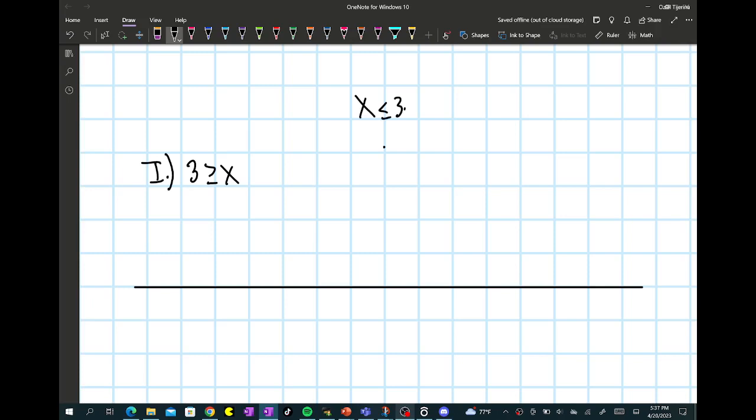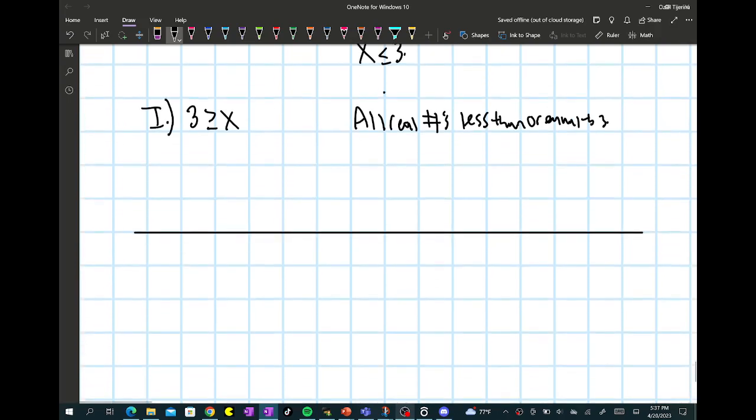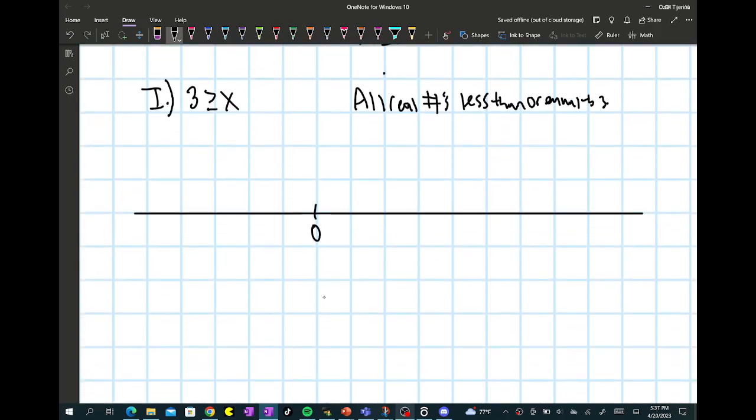So then I want all real numbers x such that all real numbers less than or equal to 3. Okay, so then this is 0, 1, 2, 3, 4, 5, 6, 7, 8, 9, and so on and so forth.